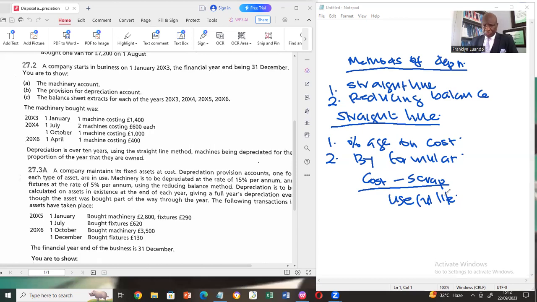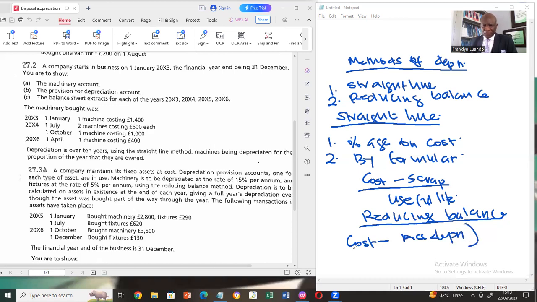Now we can go to reducing balance. For the reducing balance method, the examiner will mention it, or diminishing. Under this method, depreciation will be the cost less accumulated depreciation from previous years, multiplied by the percentage.